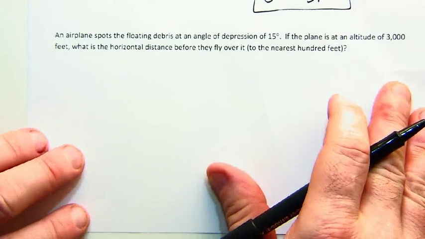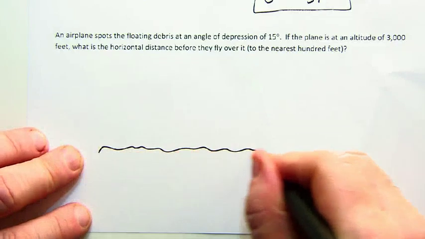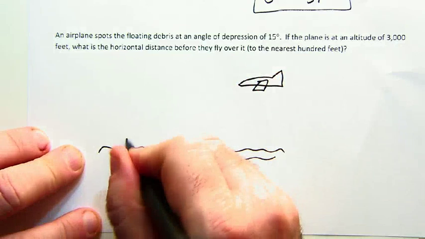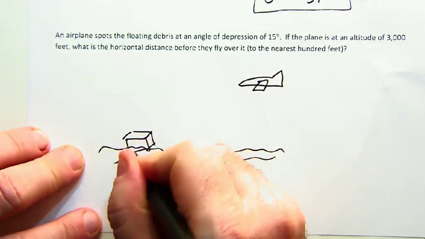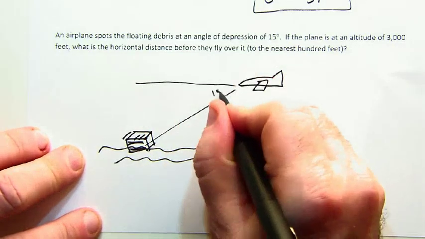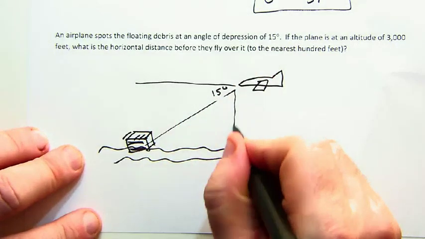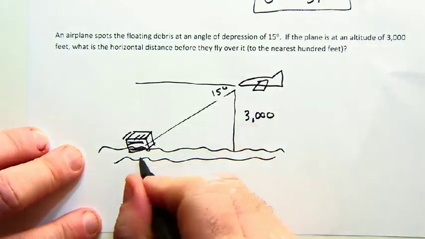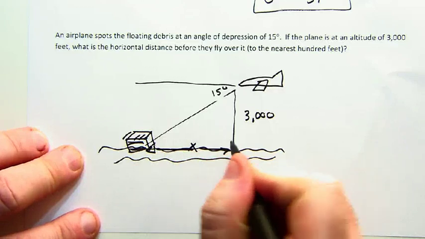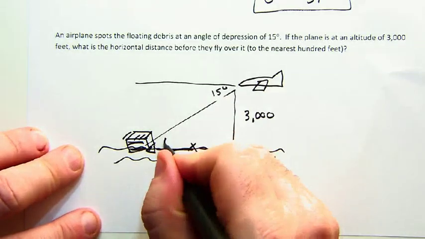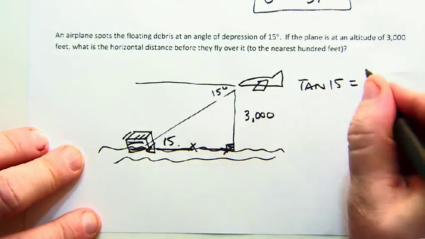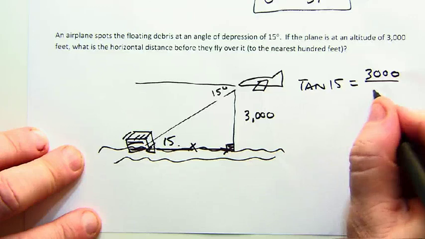Finally, we've got an airplane spotting some floating debris, so we've got some water out here. We've got our little airplane over here spotting, I don't know, some sort of floating box, and spots it at an angle of depression of 15 degrees. The plane is at an altitude of 3,000. And what else do we know? Let's see. Find the horizontal distance. That would be over here. So I'm going to work in this lower triangle. I'll bring the 15 down, and we're looking at tangent. Tangent of 15 is opposite over adjacent.